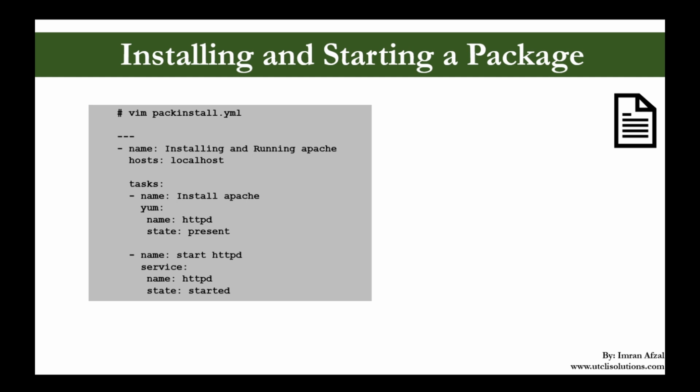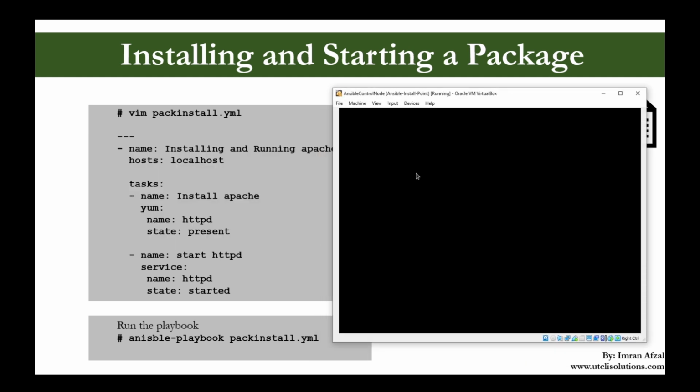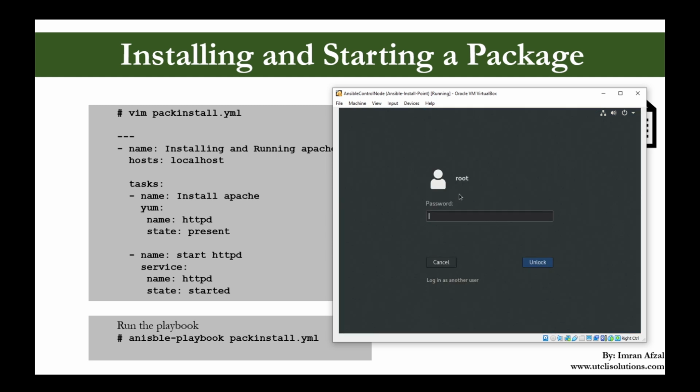This entire playbook is going to be installing the HTTPD package and starting up its service. Once this playbook is completed and saved, we'll go ahead and run the pack install.yaml file. So let's go to our Linux machine right here and log in as root.